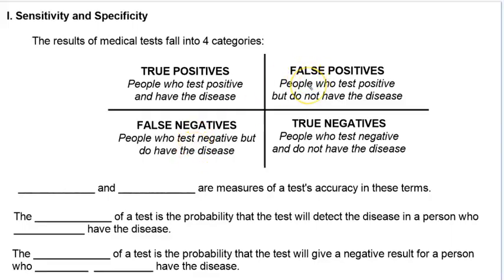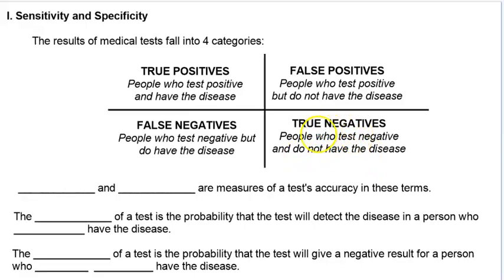Then we have the scenario where a person tests positive, but they don't have the disease. So the test says yes, but actually it's a no as far as the disease is concerned, so we call that a false positive. And then a true negative: the person tests negative and they don't have it.